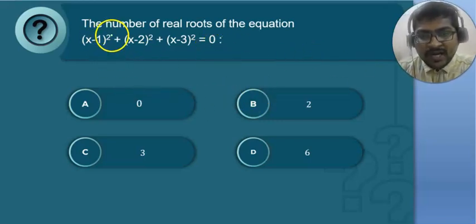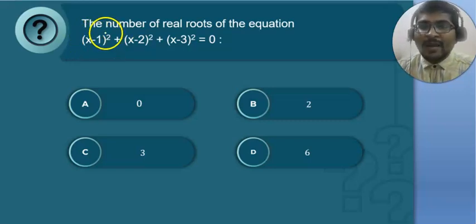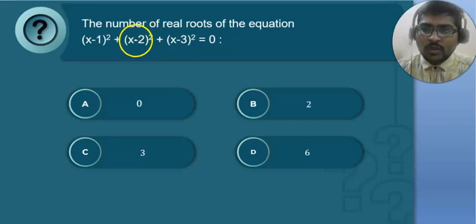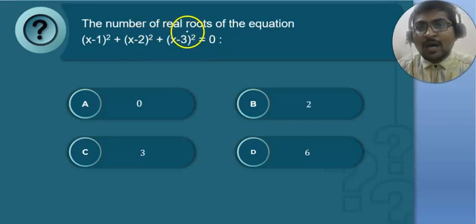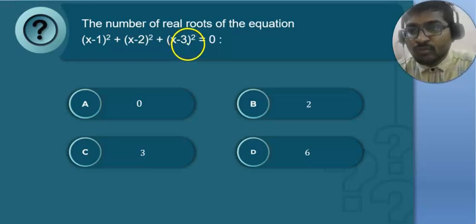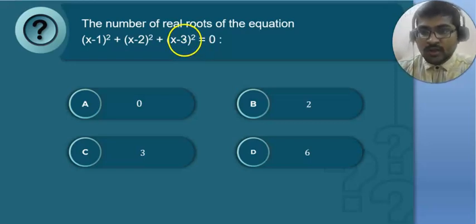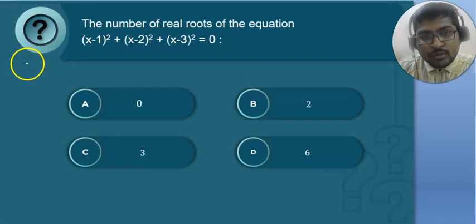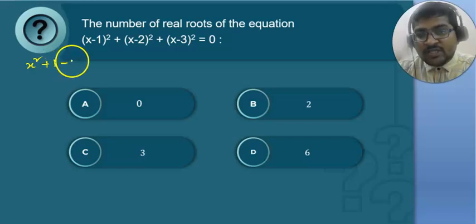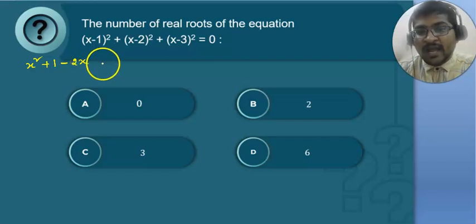Right. So students, each term can look like a minus b whole square. So simplify here. So x square plus 1 square is 1, minus 2ab means here 2x, plus x minus 2 whole square.